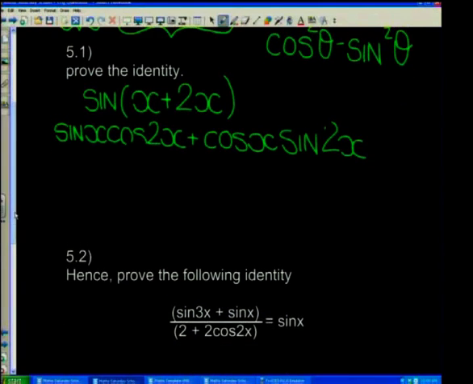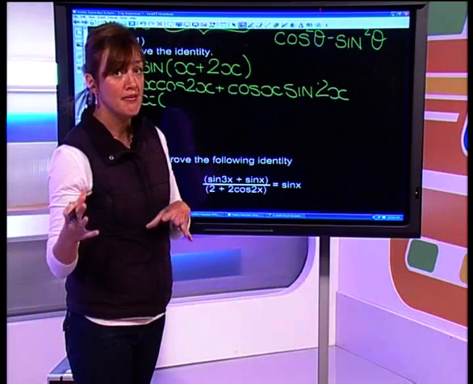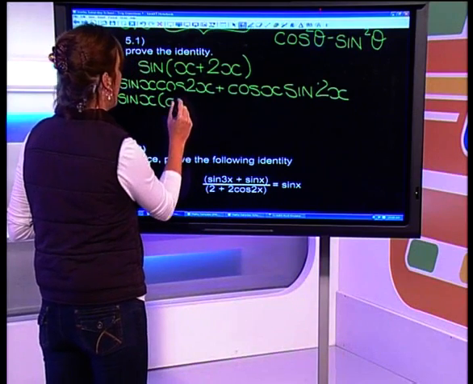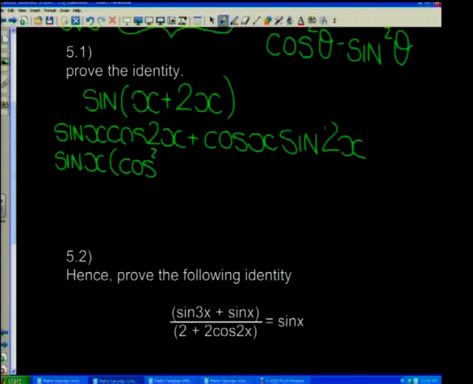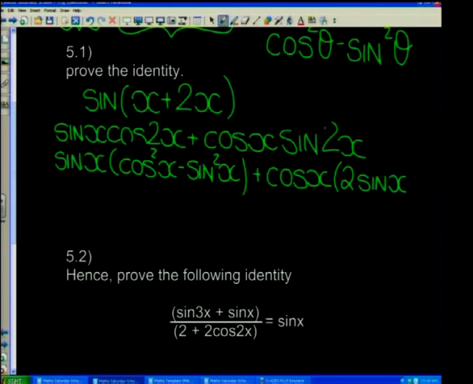All right, so therefore we've got sine x, and in a bracket, please make sure it's in a bracket because it's being multiplied, we have cos squared x minus sine squared x. I then have plus cos x, and sine 2x we know is 2 sine x cos x.